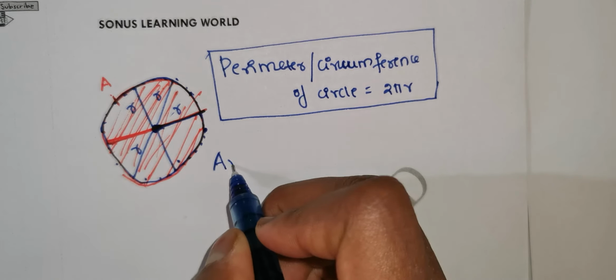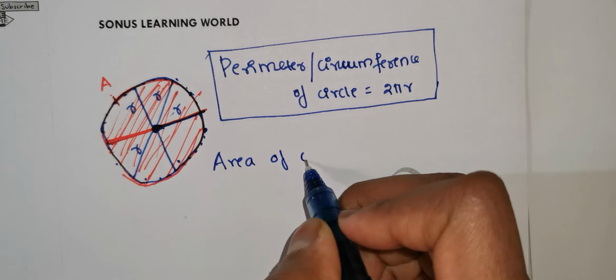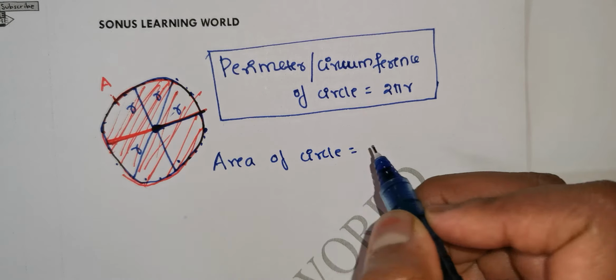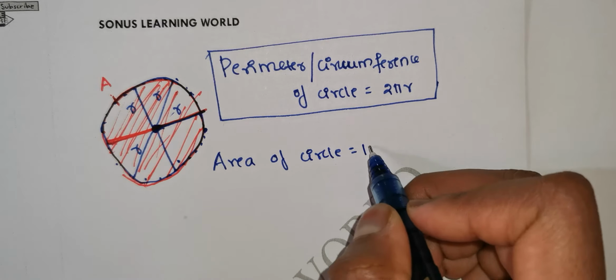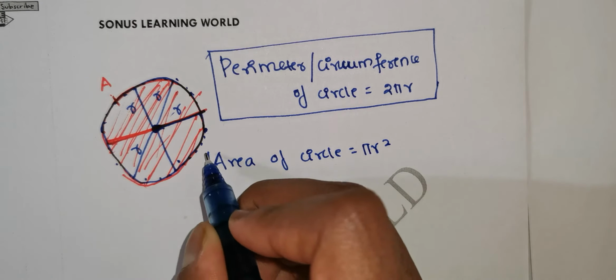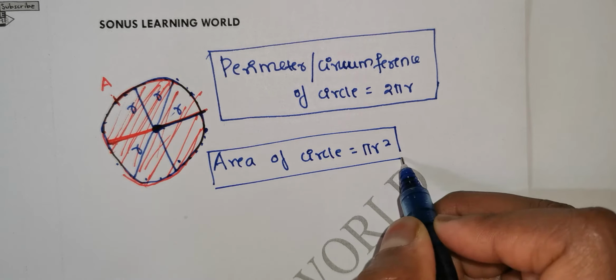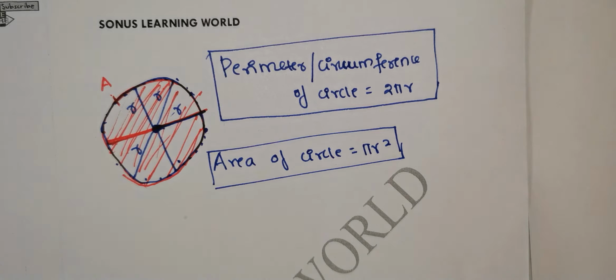Area of a circle is equal to pi r square. So the perimeter is 2 pi r and the area is pi r square.